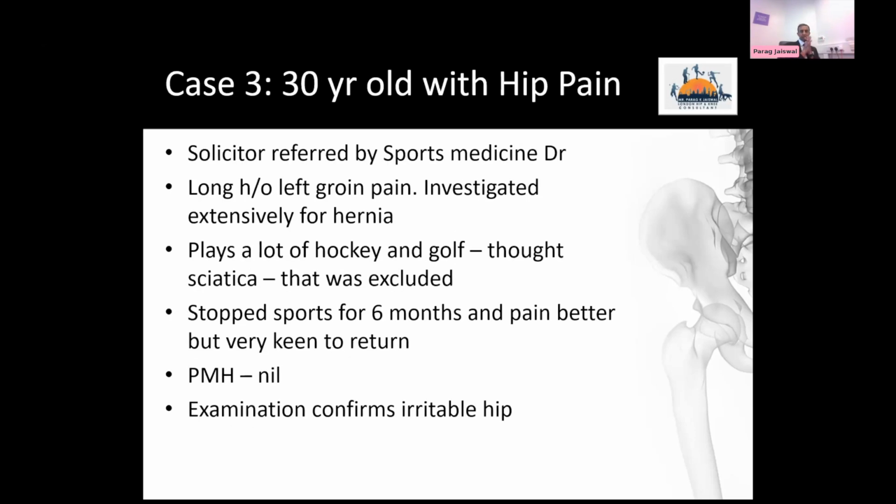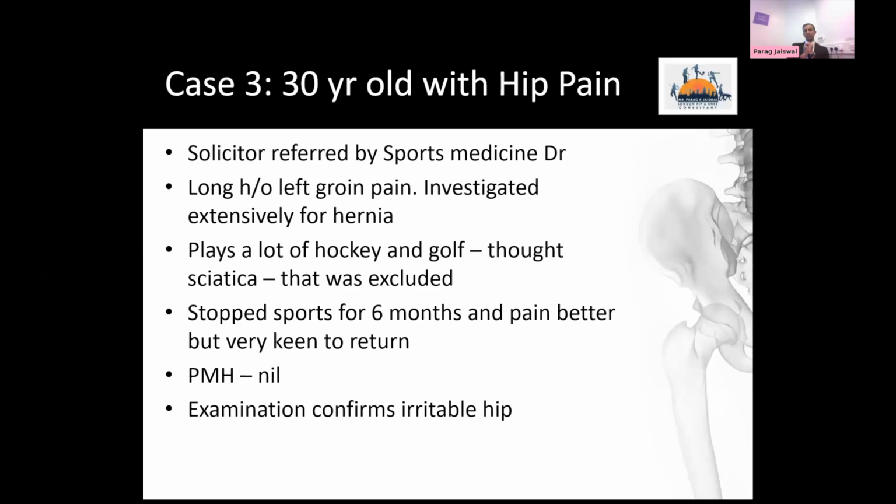So I'm going to give you a really nice case here I did about 9 months ago, and it illustrates why sometimes when you refer a patient for an X-ray, or if patients present with groin pain, it just warrants further investigation, probably with an MRI scan.